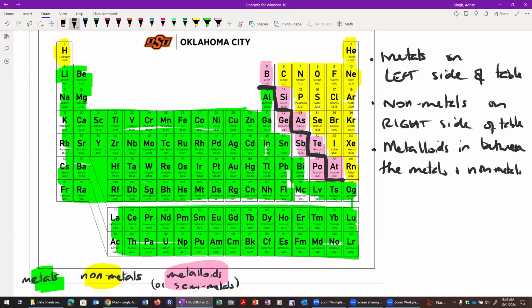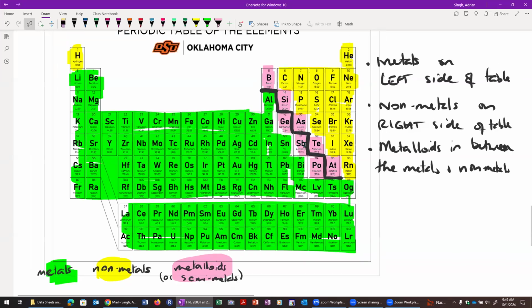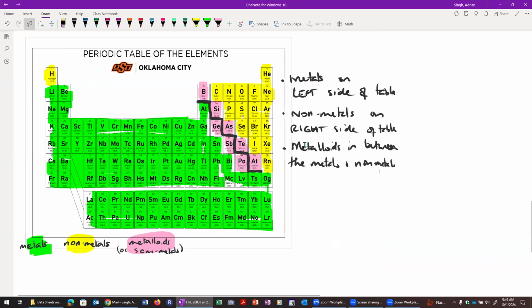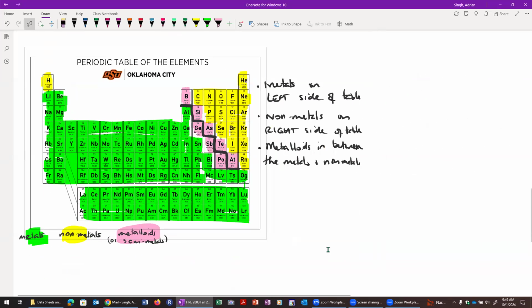Knowing whether it's a metal or a non-metal is the starting point for all sorts of things. Bonding, or how they come together, and also how we name some of the resulting compounds are going to depend on what types of elements you have in a particular compound. So that's the first thing that we want to keep in mind. We have metals, non-metals. What are some differences between them?